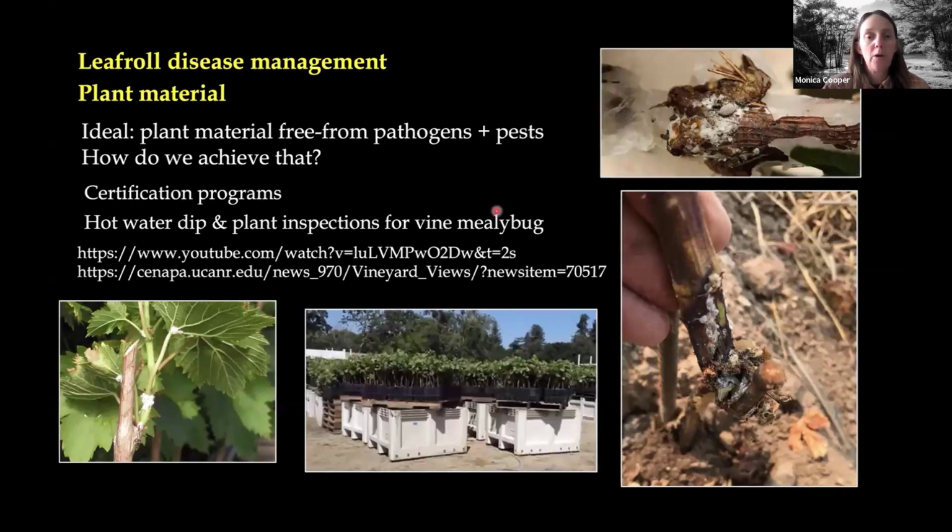Just as a side note, not only can leaf roll be moved on infected plants, but vine mealybug in particular has moved around the state of California on infected plant material. That's what you're seeing here: we had these green growing vines that had just been received by the buyer, and they are already infected with mealybugs underneath the wax that's covering the graft union. We do have some resources on our website for hot water dips and then inspections for vine mealybug.